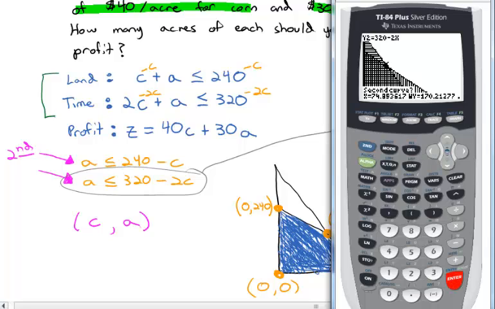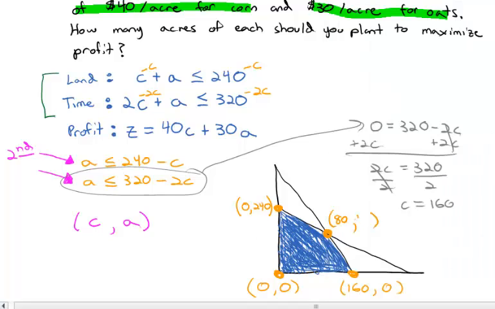Hit enter. It's going to jump me to another line close to where I was. Does that look like about the intersection? Yes, it does. I'll hit enter. Then it wants me to kind of guess where the intersection is. I'm already there, so I'll hit enter. And the intersection it's saying is at 80, 160.